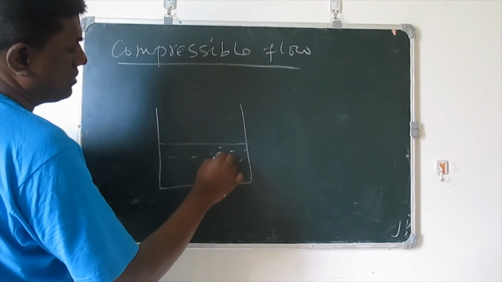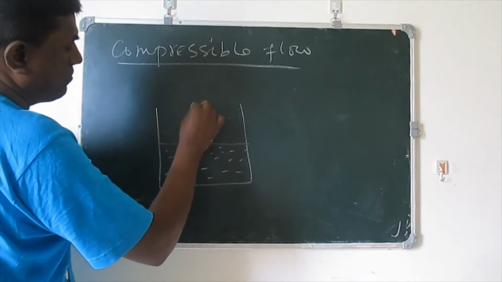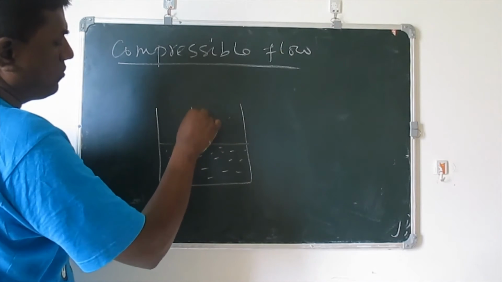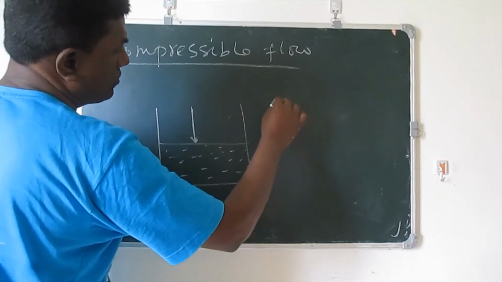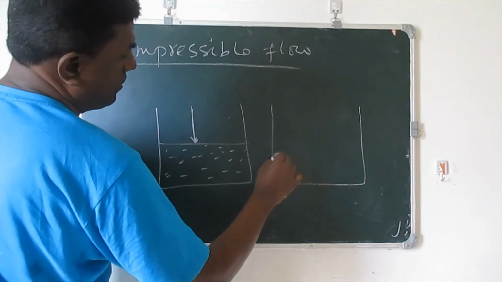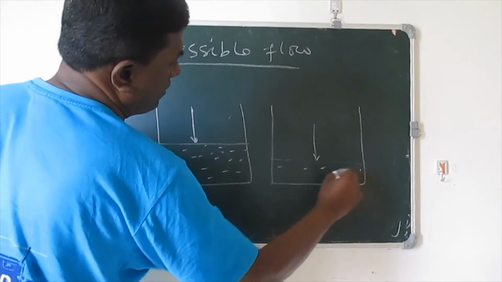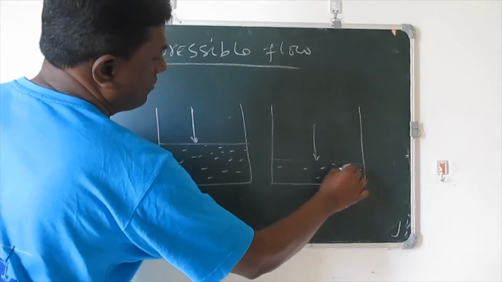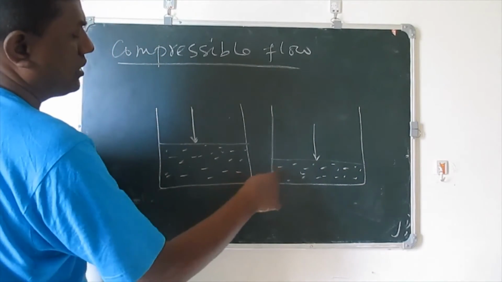Suppose now we are applying pressure. Because of that, suppose it is getting reduced, if the same quantity is coming down, so if it is decreasing, then we can say that the volume is getting changed. The volume of the fluid is getting changed.